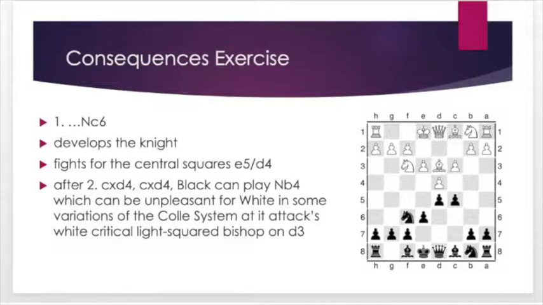And looking a little bit further down the line, if we're able to trade on the c file and go knight b4, we're going to unleash a very strong threat onto the white position, and that threat is we are threatening to remove that d3 bishop, which is by far white's most critical and best piece in the position. So we get rid of white's best piece. White doesn't have the same level of ammunition to launch an attack on us with.